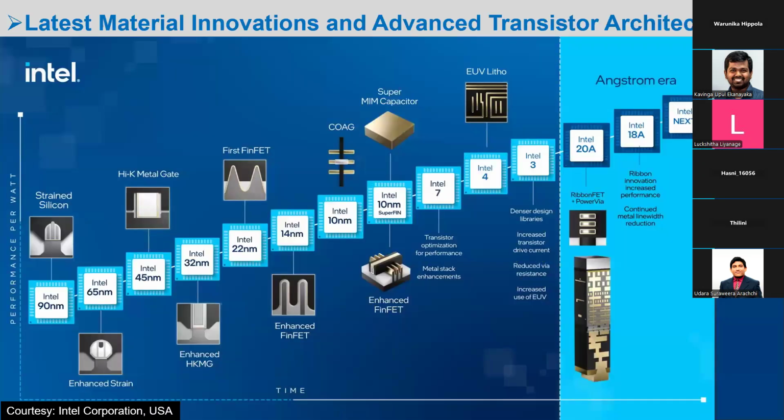So these are the latest material and architecture innovations that's done by just Intel in the last few years. So they went from strained silicon, as I mentioned, in 32 nanometer node. They had enhanced high K metal gate. Then they went onto the FinFET. Then they had the enhanced FinFET. Then they introduced another super FinFET. So the fin is getting taller and taller.